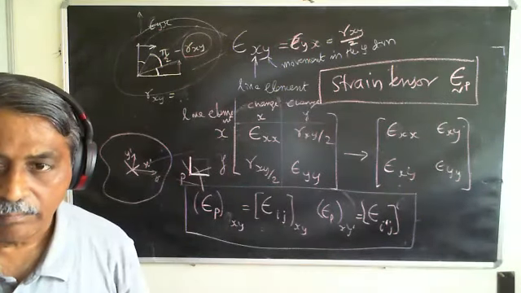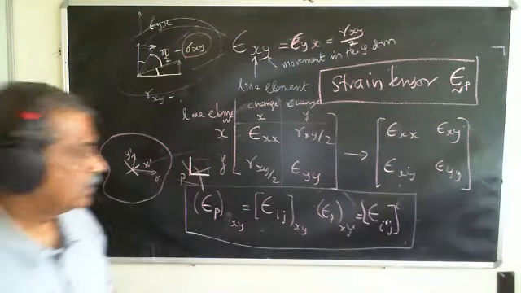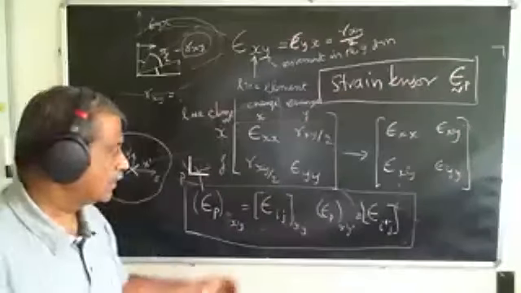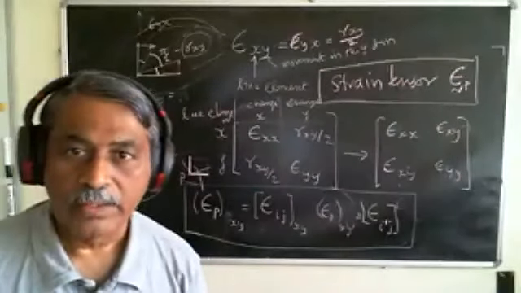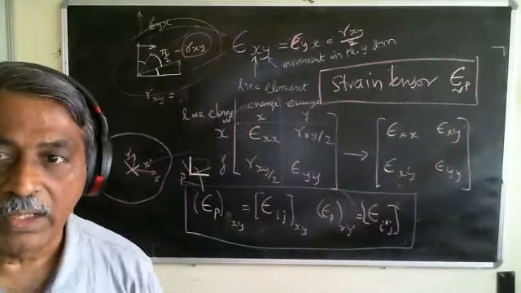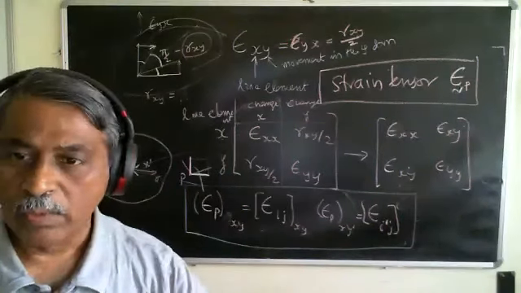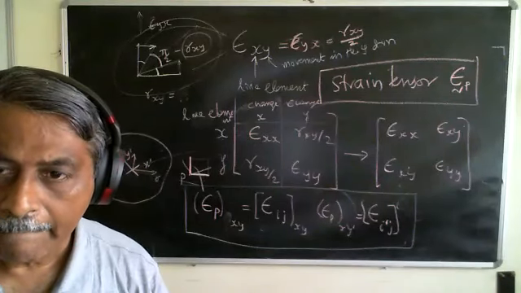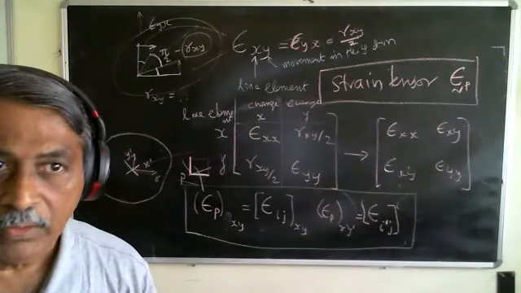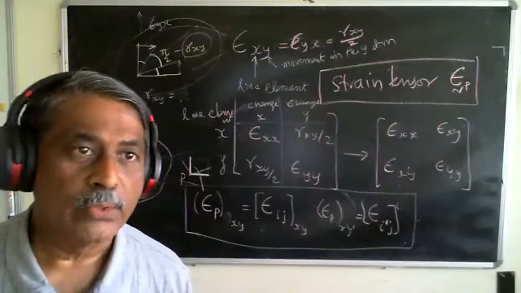Strain is a tensor. So the reason is because the strain is a tensor. I can use that transformation, which is to do with the tensor, and this is a second order tensor. Why second order tensor? Why is it? Yeah, it has two directions.